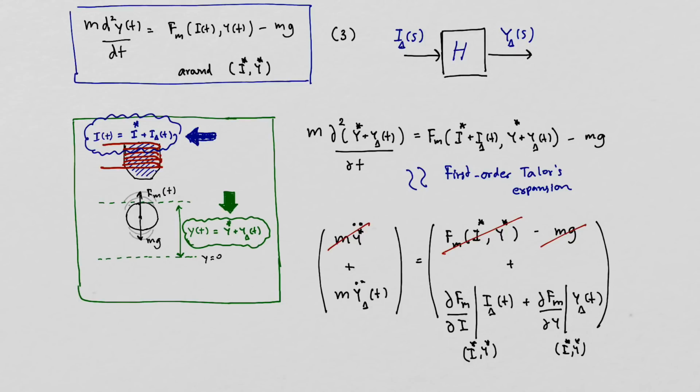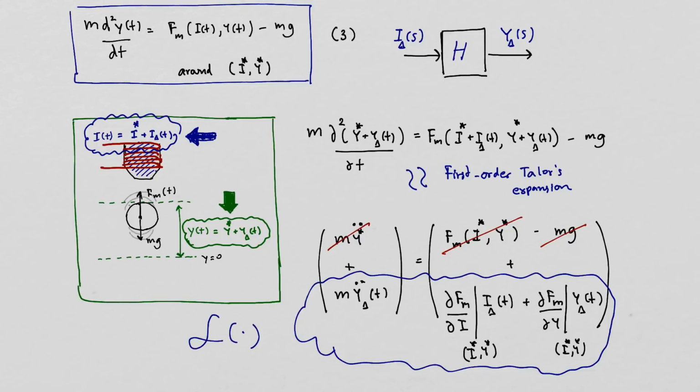In that case, we can, for example, cancel this part out and consider only the deviation of y due to the deviation of I. With the known values of I star and y star, we obtain a linear differential equation here.